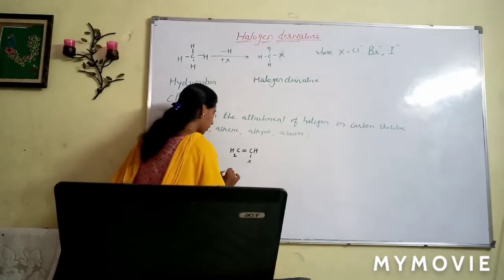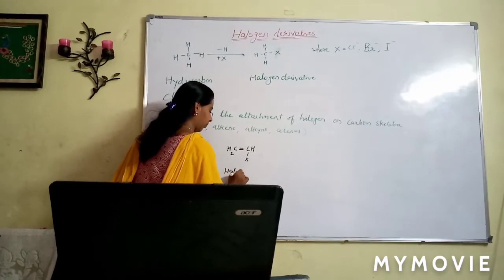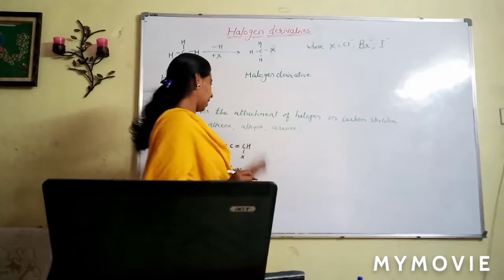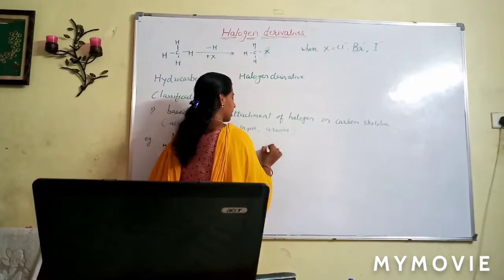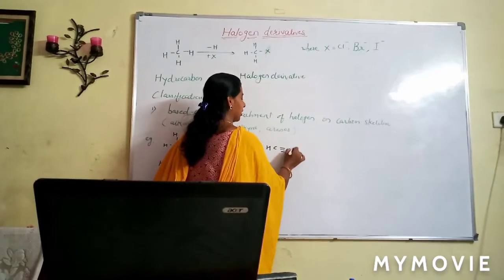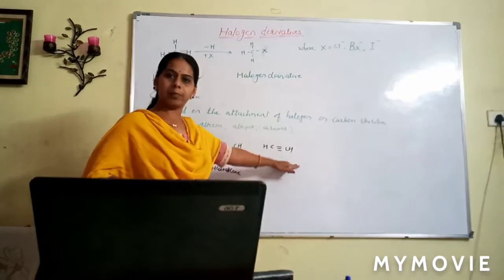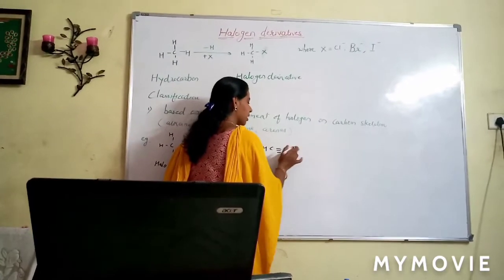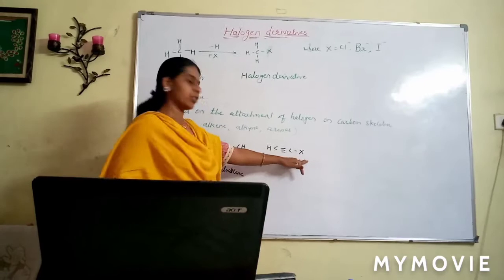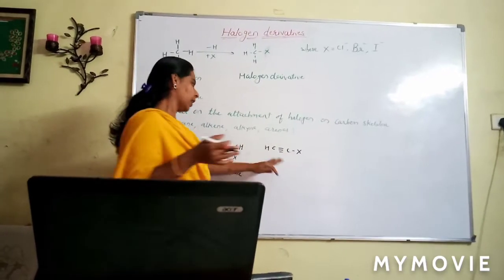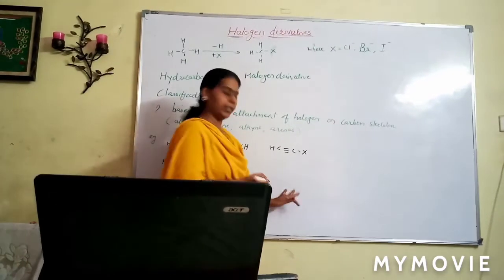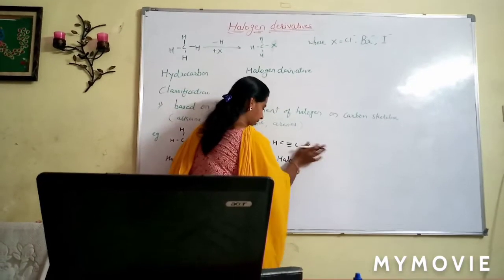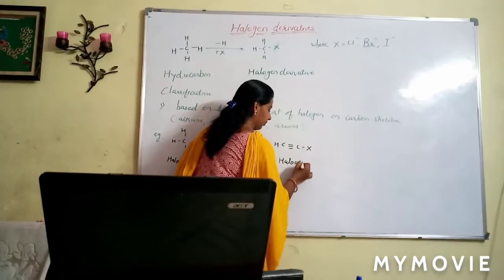What is the name of this compound? This is a haloalkene. Now alkynes. What is the structure of alkynes? CH triple bond CH. Now one of the hydrogens is replaced by a halogen atom. Halogen may be chloride, bromide, or iodide. So this structure is called haloalkynes, not arenes, it is haloalkynes.